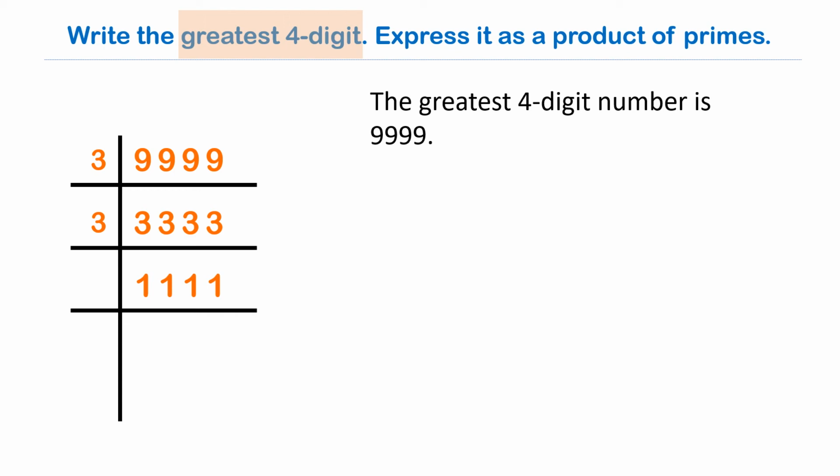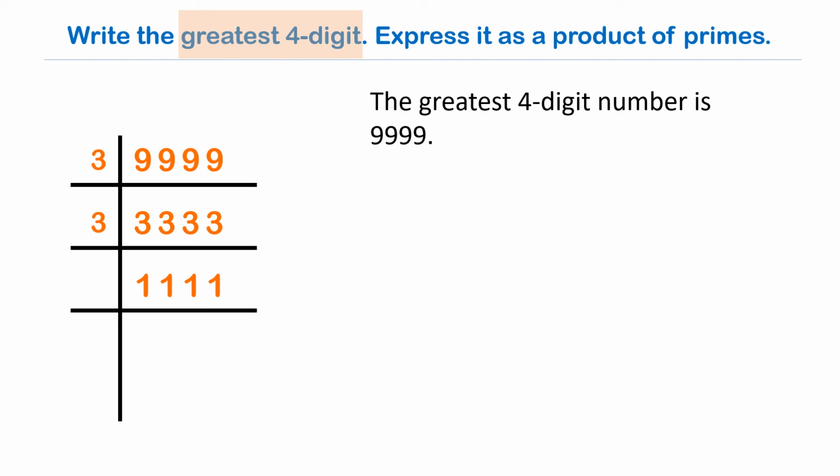Again, 1111 is an odd number. So, to check whether 1111 is divisible by 3 or not, we use the divisibility test of 3. So, add the digits. 1 plus 1 plus 1 plus 1 is equal to 4. Since 4 is not divisible by 3, the entire number is not divisible by 3.